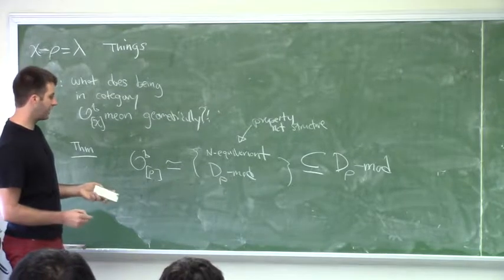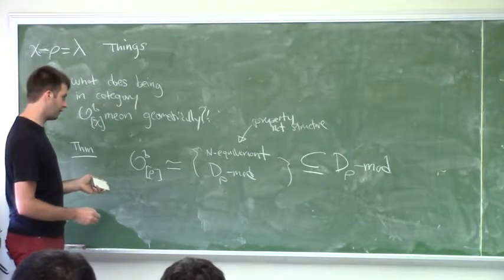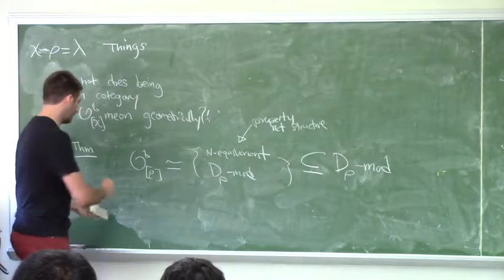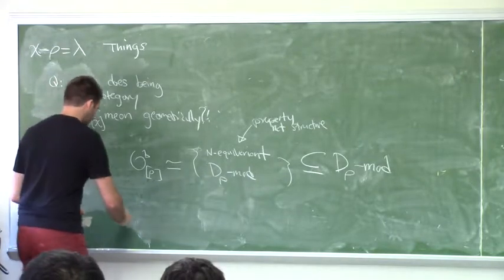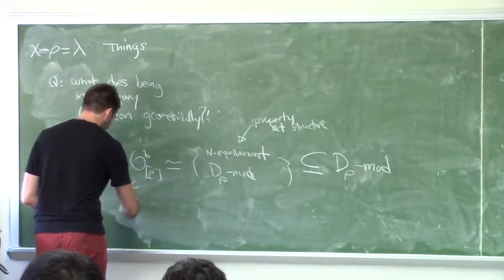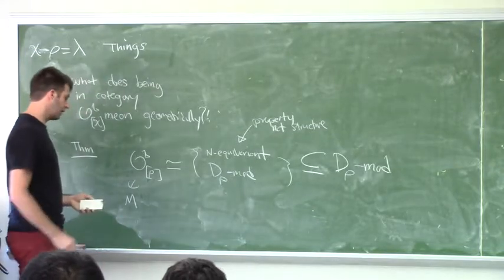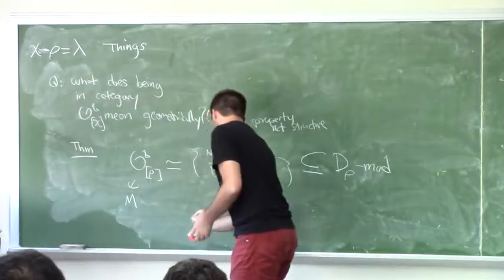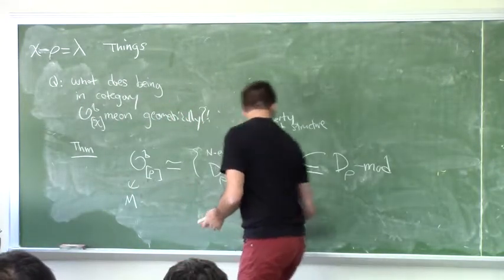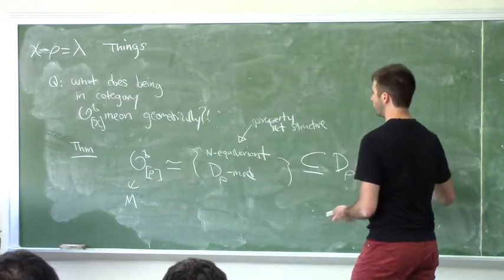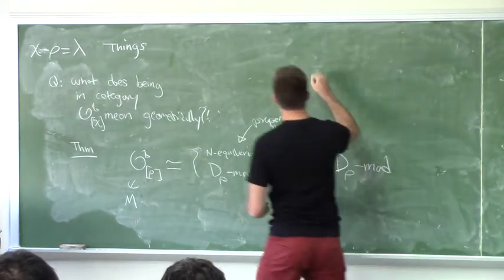And then the second thing that you can figure out is that if you have some module in here, then the character, so let me just tell you a fact.